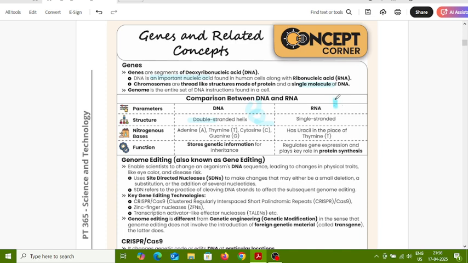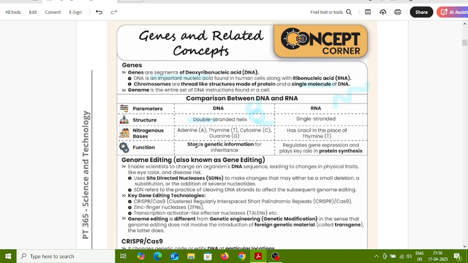RNA is single stranded, it means it is like this. The nitrogenous bases that DNA has are ATCG: adenine, thymine, cytosine and guanine. Then RNA has uracil instead of thymine. Instead of thymine, RNA has A, uracil, cytosine and guanine.